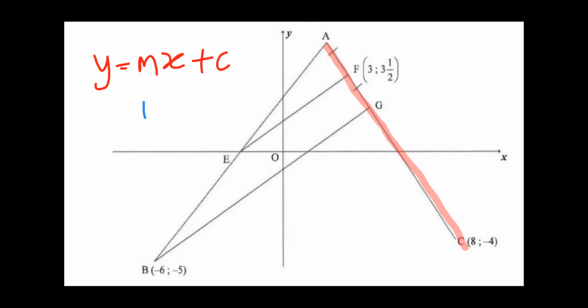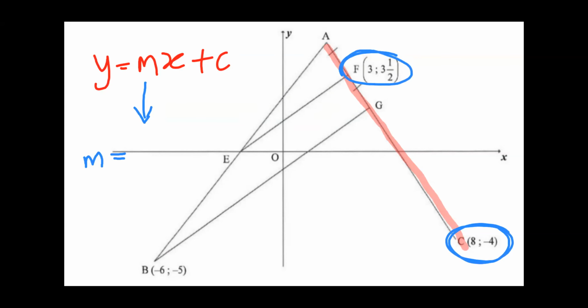So how can I work out the gradient for this line? Isn't it the change in y with the change in x? Correct. Which 2 points can I use? Do we use the C, the 8 and the -4, and the F coordinate? I'm not sure. You can use the F coordinate. Yes, that's correct.